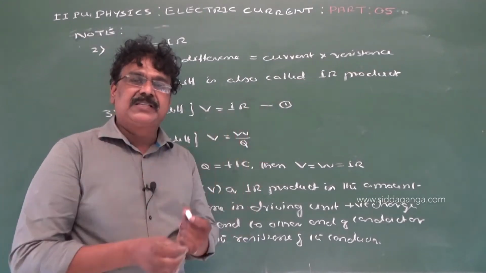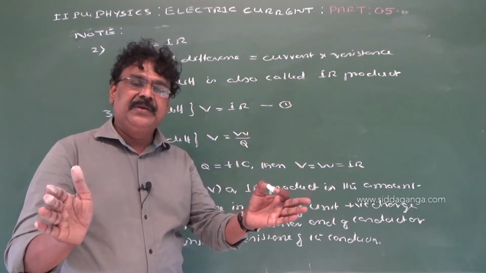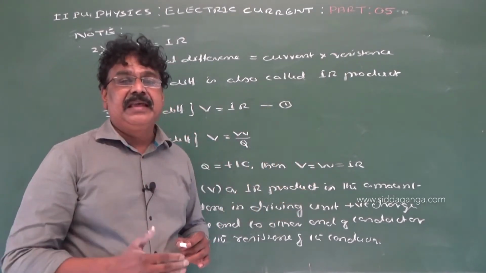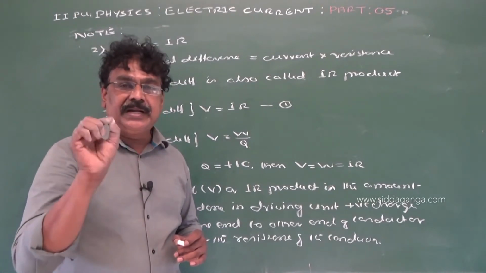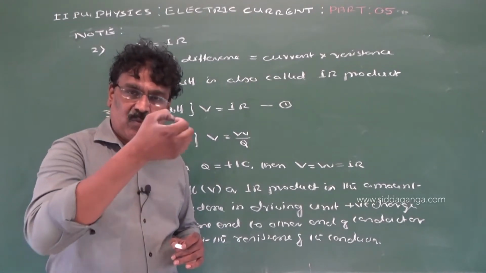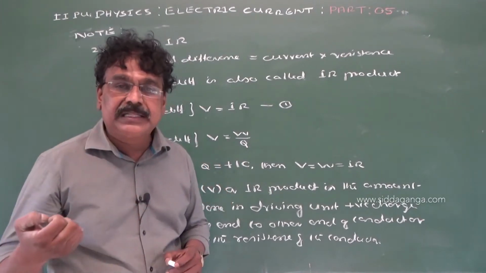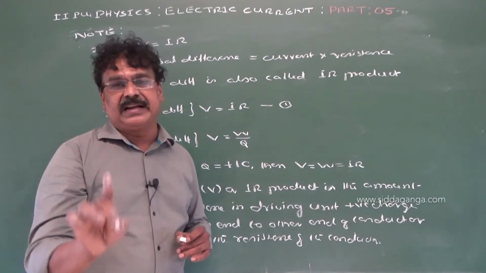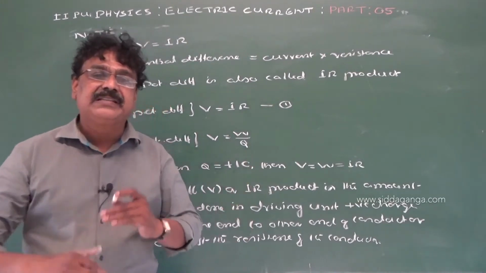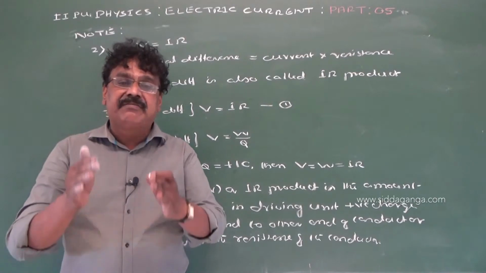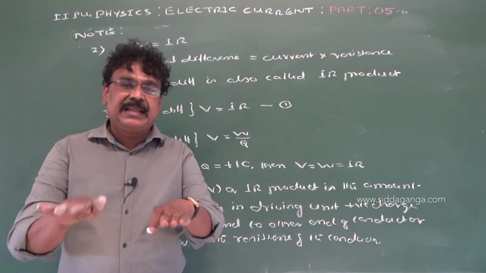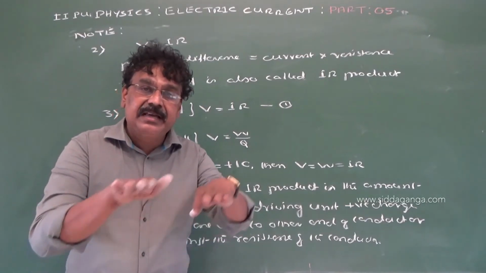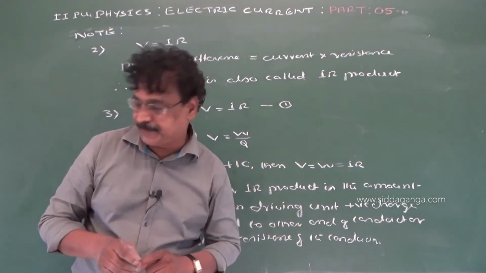Therefore, potential difference between the ends of the conductor, which is equal to IR product, is the amount of work done in driving unit positive charge from one end of the conductor to the other end against the resistance of the conductor, or potential difference is the amount of work done to maintain a steady current in the conductor against the resistance of the conductor.